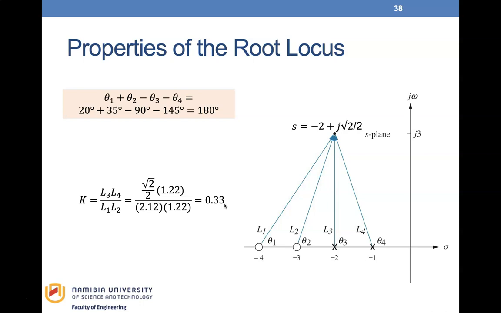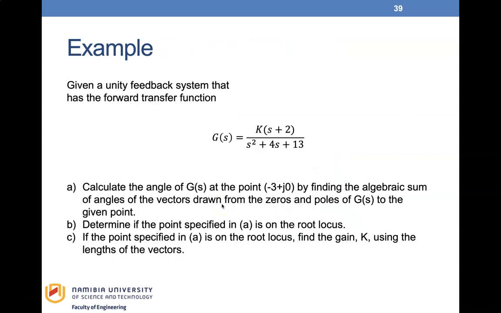Let us solve an example. Given a unity feedback system that has the forward transfer function G(s) equal to K(s+2) over s squared plus 4s plus 13, do the following.